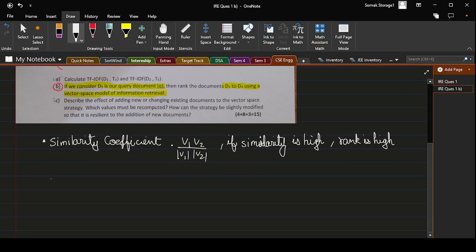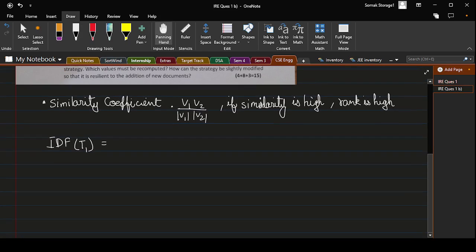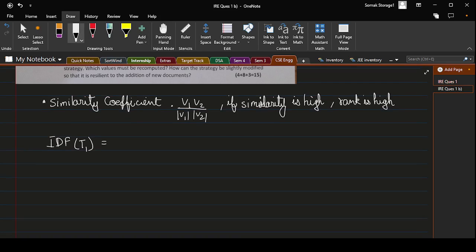So let's start. IDF of T1. In the previous video I told the formula, so I'll just demonstrate it here once again. Log base 2 of 1 plus mod D by dt.